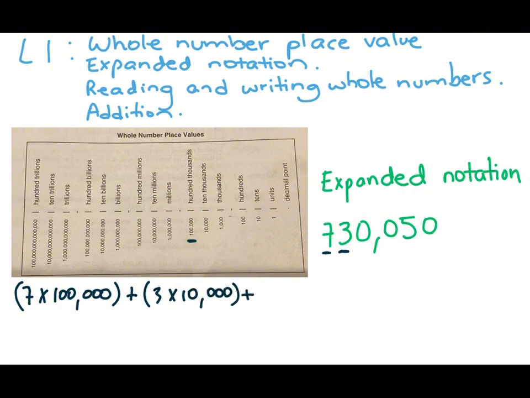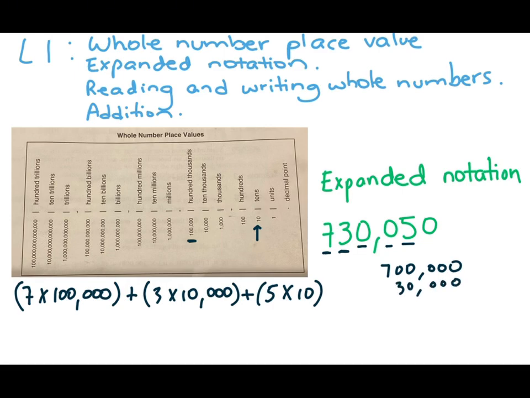Then we're going to continue, and we have a 0. So 0 times 0 is 0. There's another 0, and then we have the 5. So we're going to put the 5 times the 10 because it's right here in the tens place. So 5 times 10. Now notice, if you multiply these things, 7 times 100,000 is 700,000. 3 times 10,000 is 30,000.